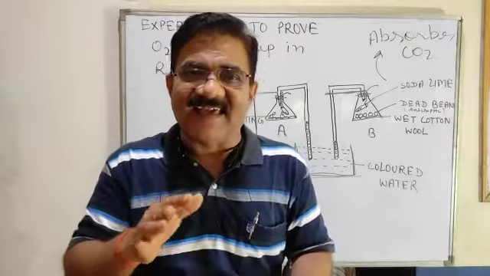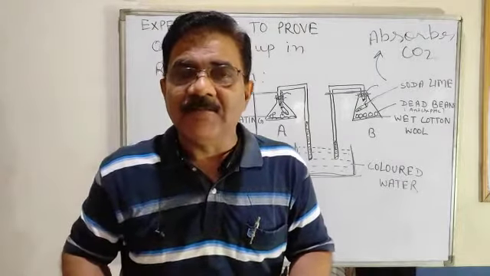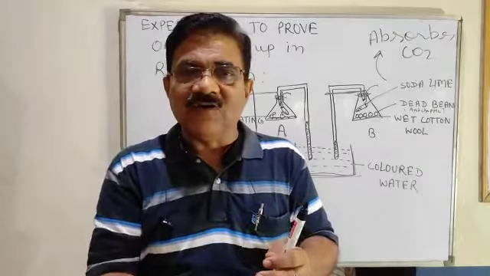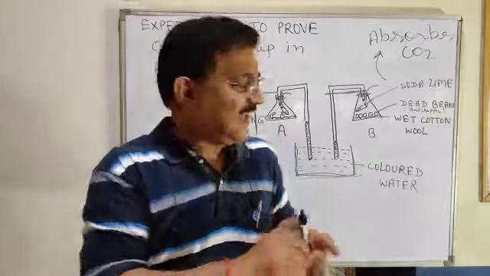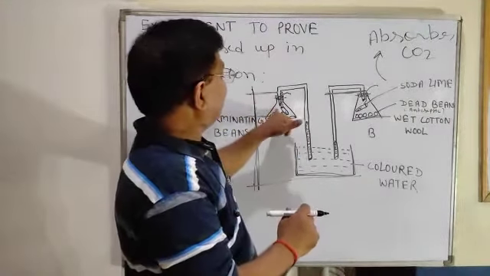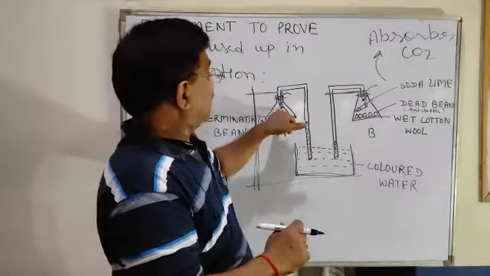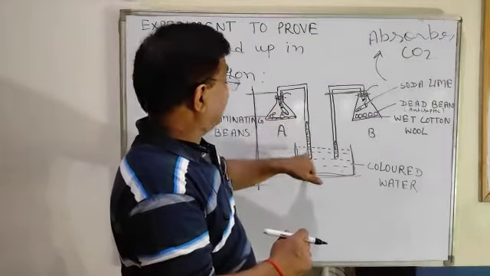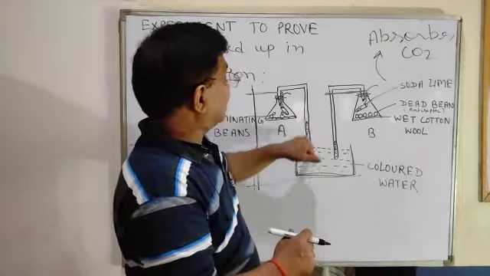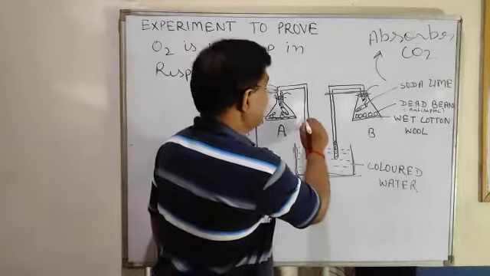Actually, you have sucked the air and created vacuum so that the cold drink may reach your mouth. Same is the case here. Partial vacuum was created, and due to that, this colored water level rises till here.